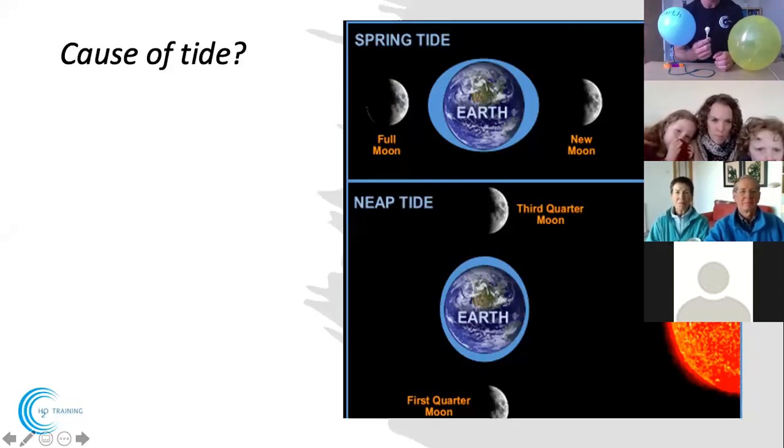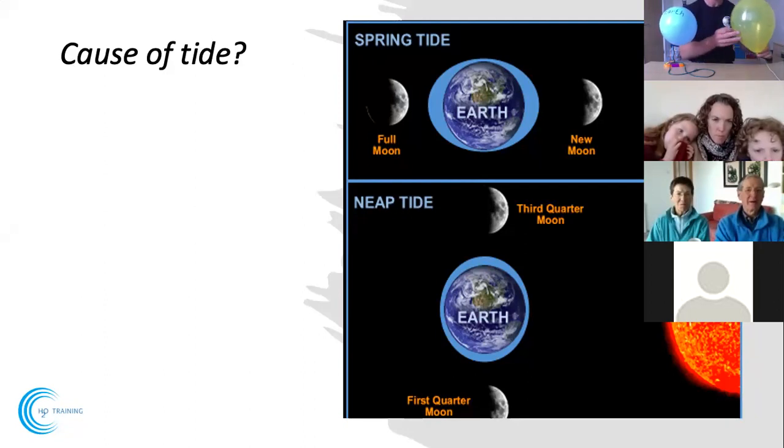The moon, which is quite close to the earth, is like a big magnet. So the moon will pull the water towards it. Now the sun is like a massive big magnet, but it's quite far away. It's all the way over here, so it has less of an effect on the water.